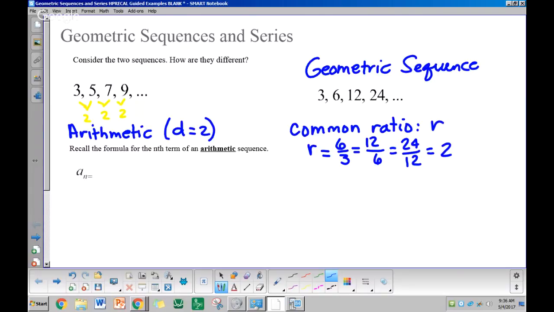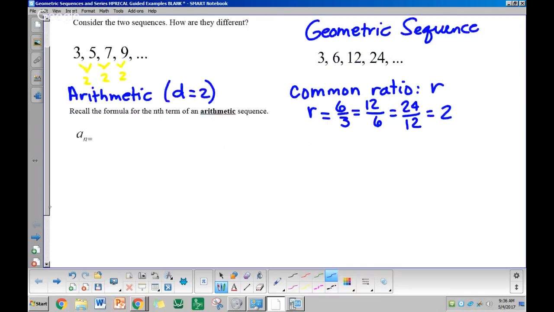Okay, so let's recall the formula for the nth term of an arithmetic sequence. You remember what that was? It was a sub 1, yep, plus n minus 1 times d. Perfect. And the things that we had to have filled out were a sub 1 and d to make it specific to a sequence.